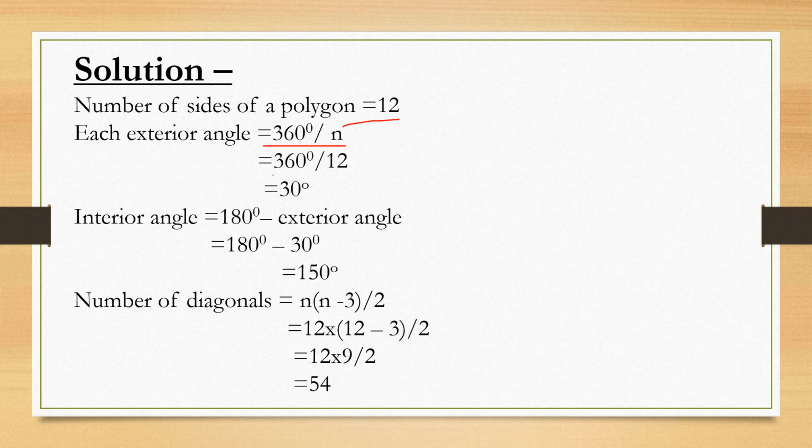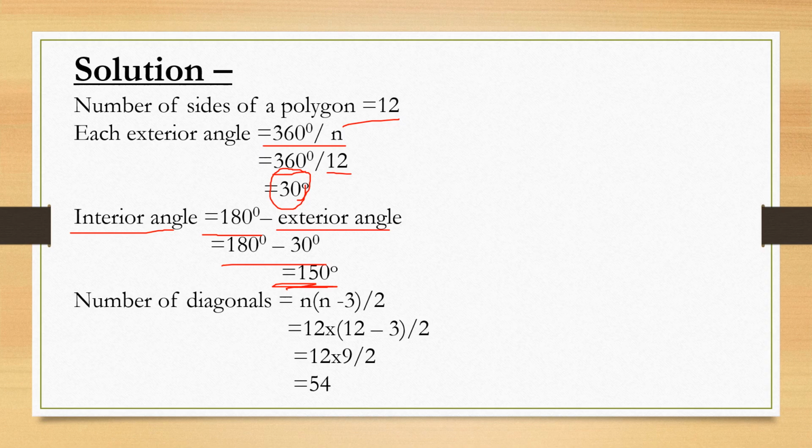So that is 360 upon 12. So you got 30 degree, isn't it? Now again that interesting relationship, interior angle is equal to 180 degree minus exterior angle. So it is 180 degree minus 30 degree, that is 150 degree.